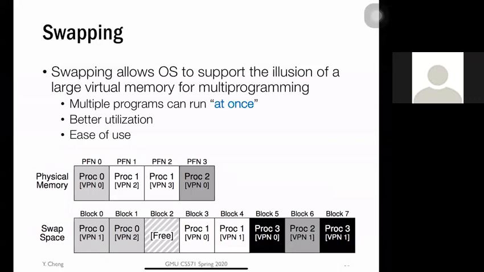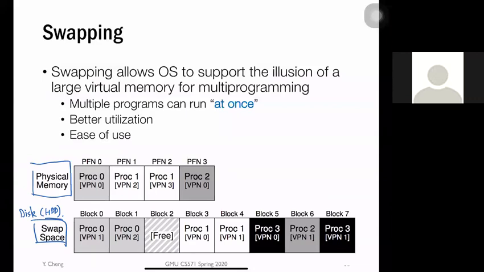Okay, so again, under memory swapping, at the bottom of this slide, it shows a really simple example of how swapping looks like. In this example, at the top level, it shows the layout of the physical memory. And at the bottom level, it shows the disk swap space. Let's assume it's a hard disk drive, HDD. And in this case, the swap space, which is part of the hard disk drive, is even larger in terms of capacity compared to that of the physical memory.